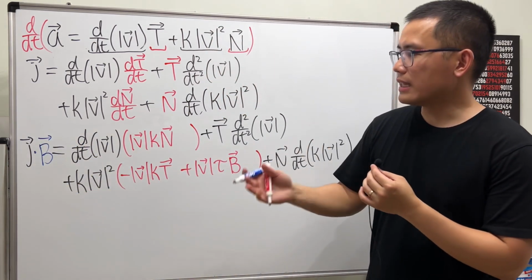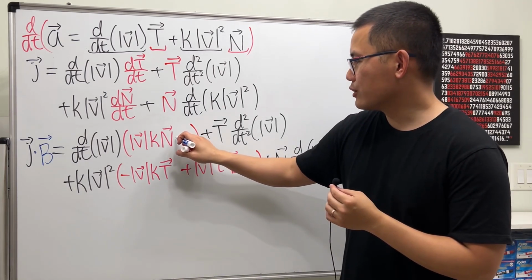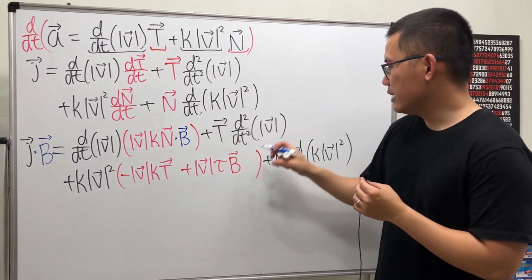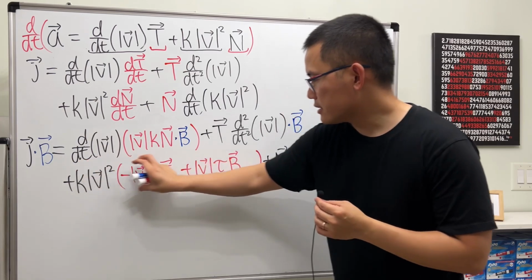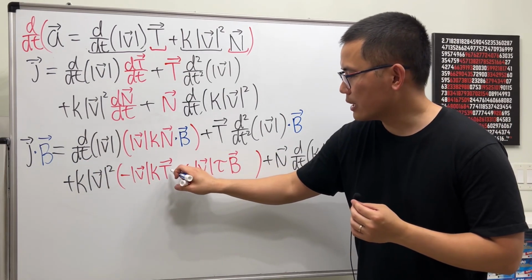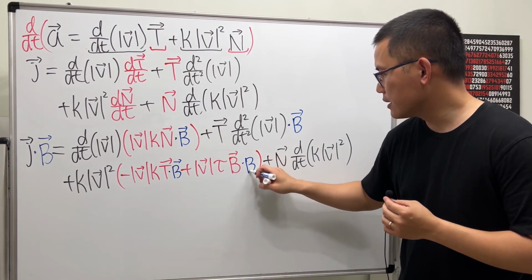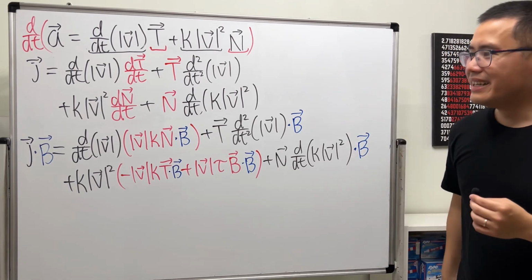And since the order of the dot product doesn't matter, you don't have to worry too much. Right here, I'm just going to put it right here. So we do this dot b, and then we do this dot b. And then this term, we do it dot b, right? I can distribute the dot product inside, so I can put the dot product right here, and then right here. And then finally, I'll just put the dot product of b right here.